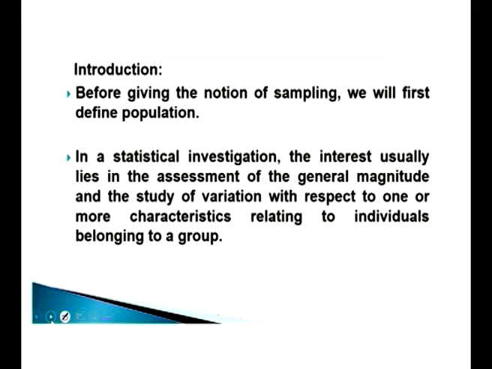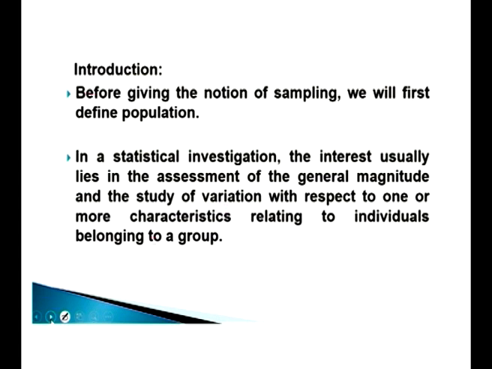Before going into the deep study of sampling distribution, some basic notions are required. What are the notions required? Before giving the notion of sampling, we will first define population. For those who have not studied statistics, population means people, but in statistics, population means whatever information you are taking into consideration.